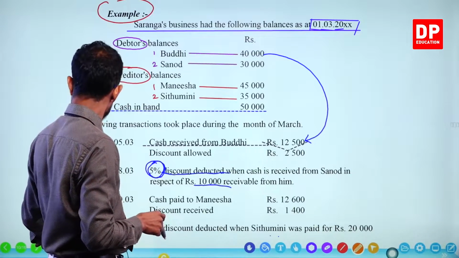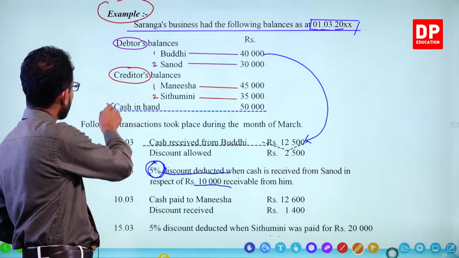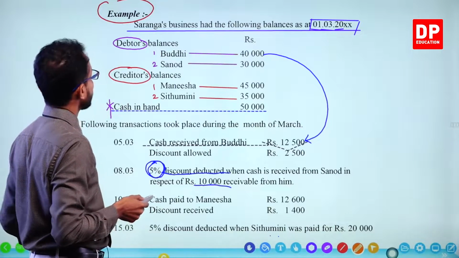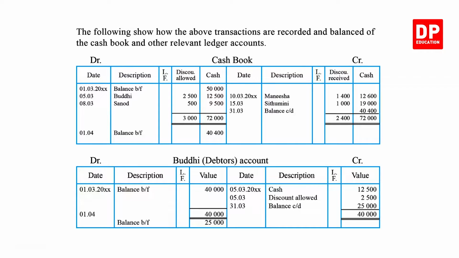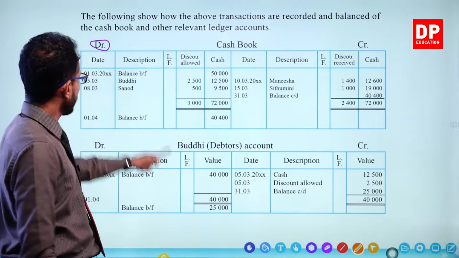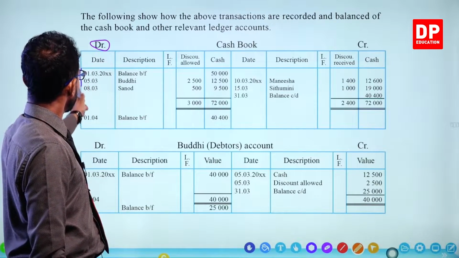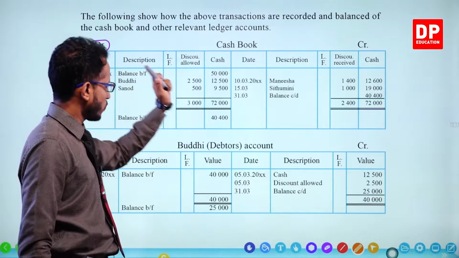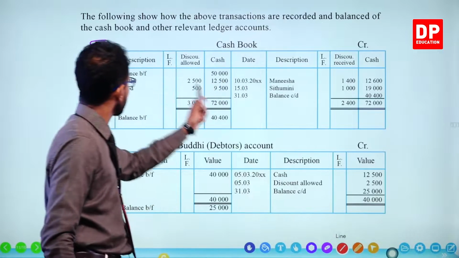Let's see, children. We have a cash balance of 50,000. Let's see. We have the cash book. Just like I told you, on the debit side, on top, the very first entry is the balance brought forward. Didn't I tell you this?